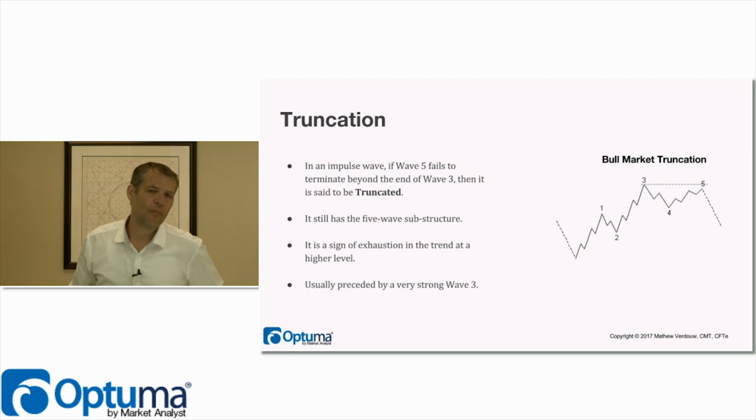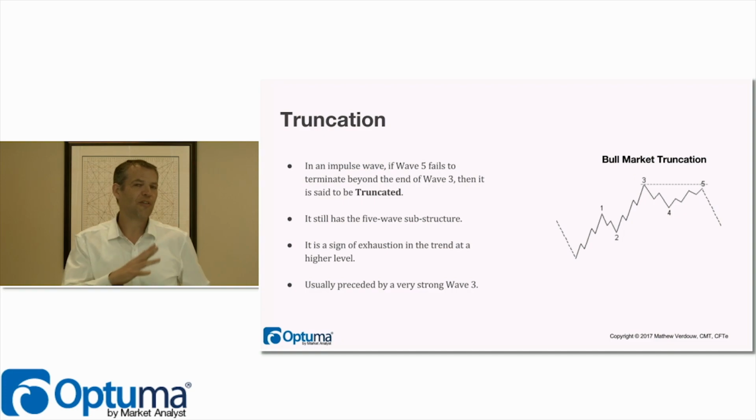Another concept for motive waves is the idea of truncation. Again, we've seen questions on this in the past. So in an impulse wave, if wave 5 fails to take out the end of wave 3, then we call it truncated.